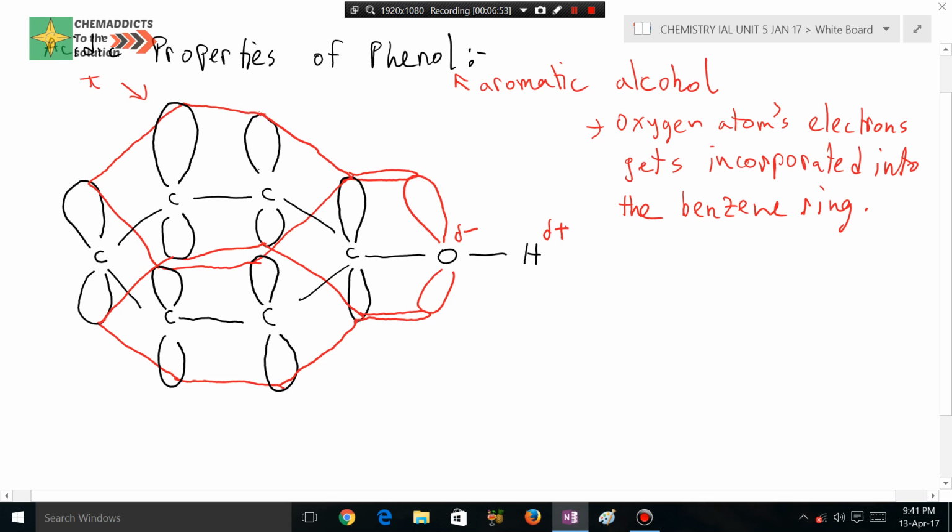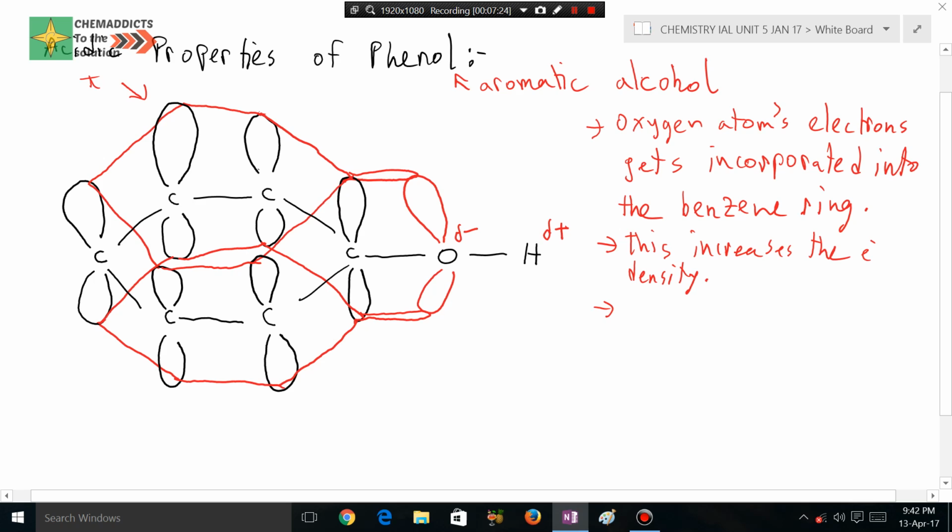So this is one of the reasons: the oxygen atom's electrons get incorporated into the benzene ring. This increases the electron density in the ring. Therefore this increases the electron density inside the ring.